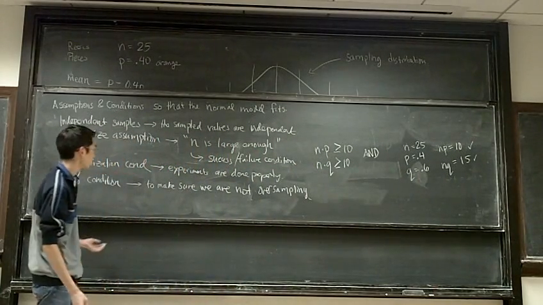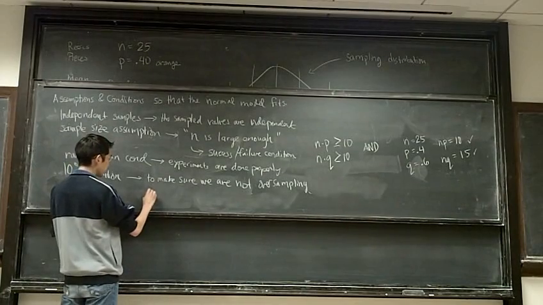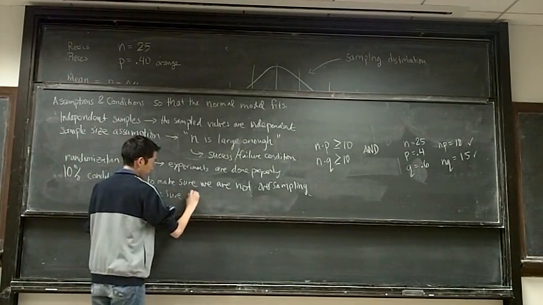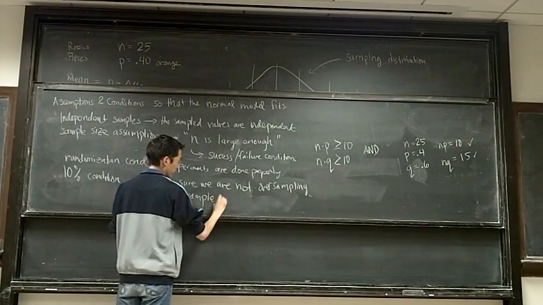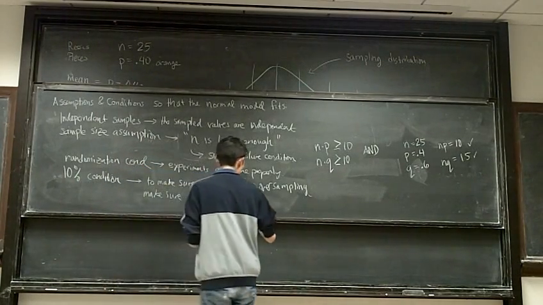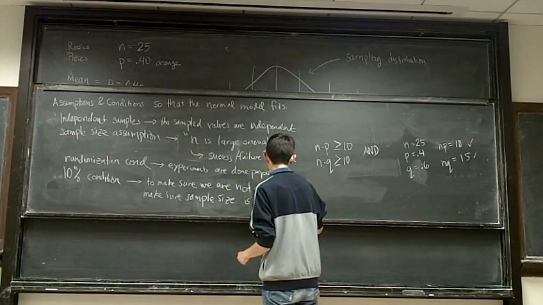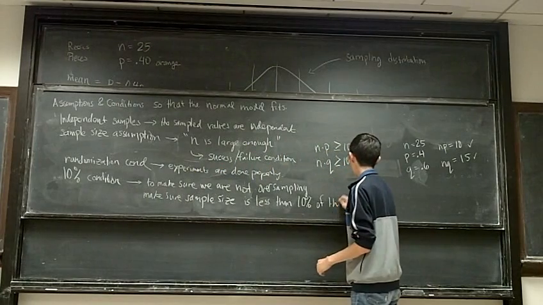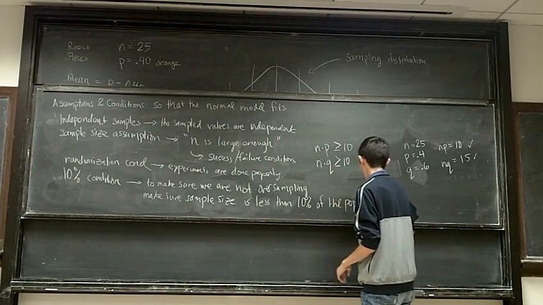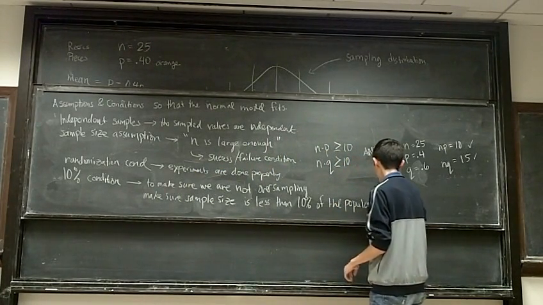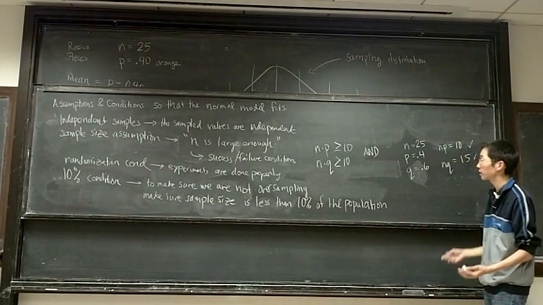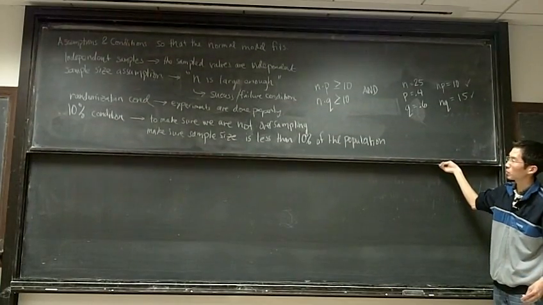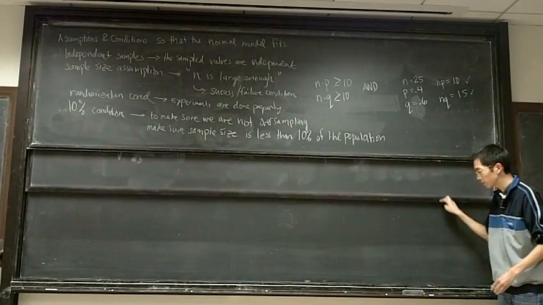So to make sure we're not oversampling, make sure your sample size is less than 10% of the general population. That's your 10% condition.